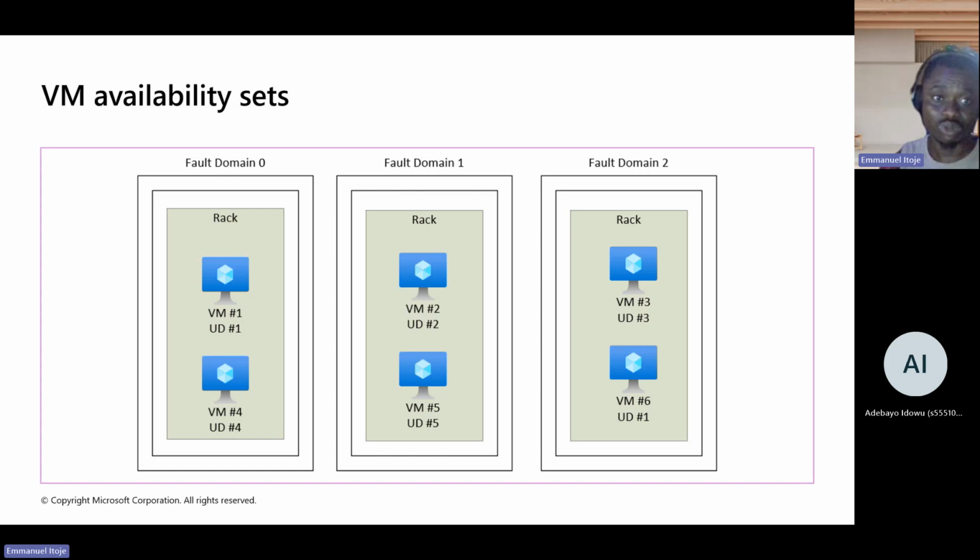Then storage, which speaks to the hard disk drive or the solid state drive, so either you go for HDD or SSD. The last part is networking: the virtual networks, the public IP address, and the port configurations. These are some of the resources that are deployed with a VM.